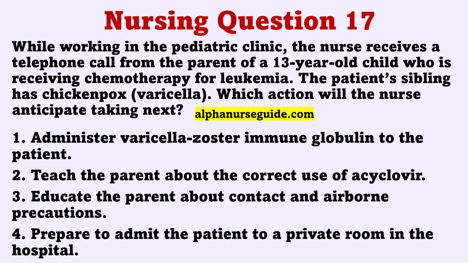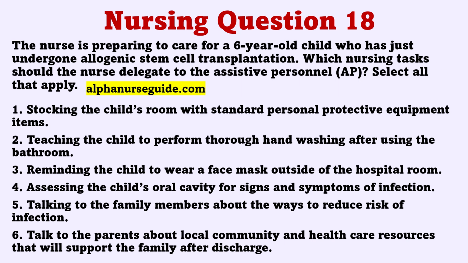The nurse is preparing to care for a 6-year-old child who has just undergone allogenic stem cell transplantation. Which nursing tasks should the nurse delegate to the assistive personnel? Select all that apply. 1. Stocking the child's room with standard personal protective equipment items. 2. Teaching the child to perform thorough hand washing after using the bathroom. 3.